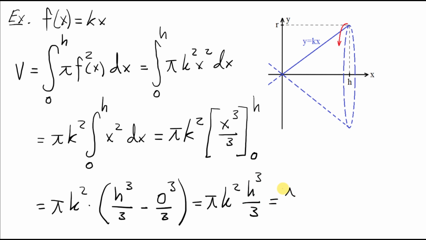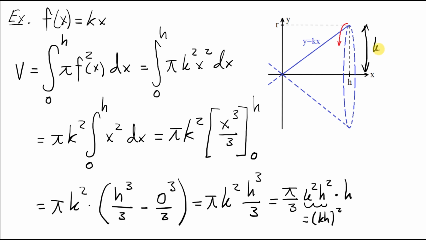And let us write it like this. Here I divided this up into h squared and h. And why is that? Well, because this is kh squared. And what is kh? That's the radius here, since if we put in h into this formula, we get kh.